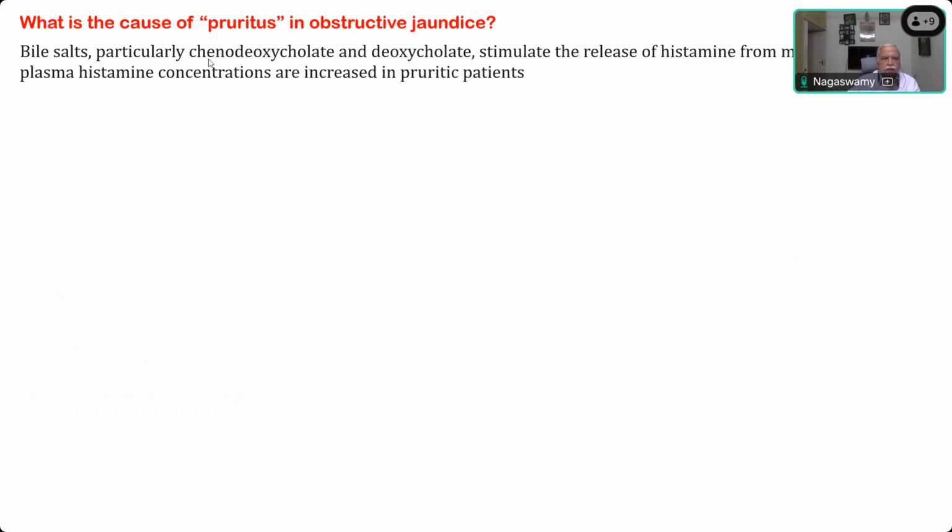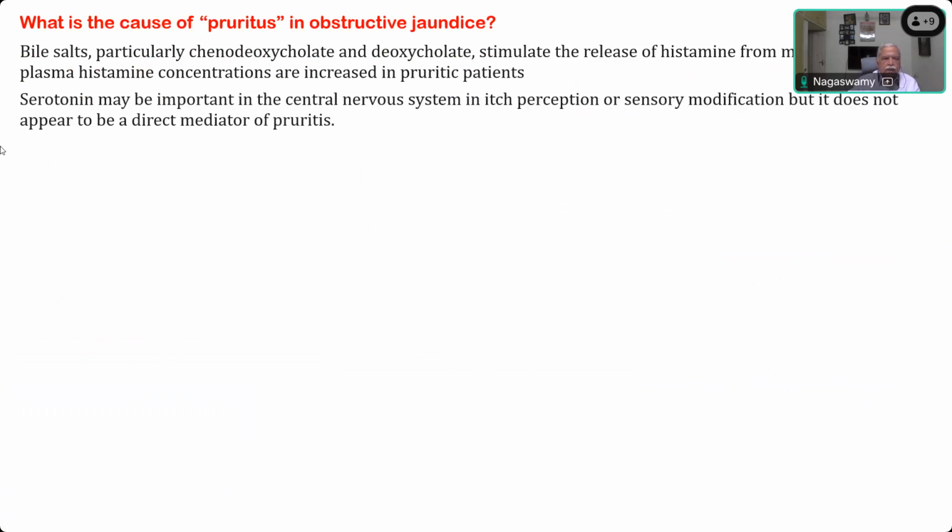Bile salts, especially chenodeoxycholate and deoxycholate, stimulate the release of histamine from mast cells, and plasma histamine concentrations are increased in pruritic patients. That is theory number one. The second theory is that serotonin may be important in the central nervous system for nociception and sensory modification, and may also be a direct mediator of pruritus in these patients.